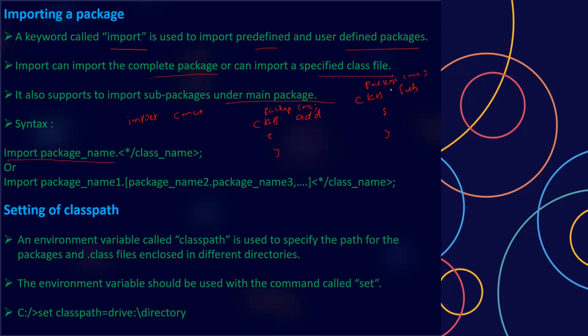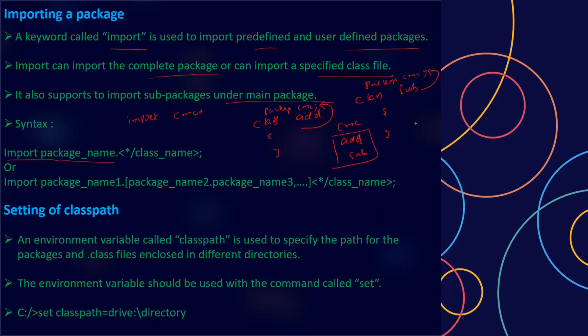If I write like this, what happens is this add class is created in the CMC package. In the same way, this sub class is created in the CMC package. Now the CMC package consists of two classes: add and sub. Is that point clear?